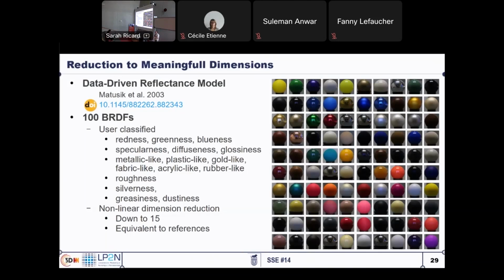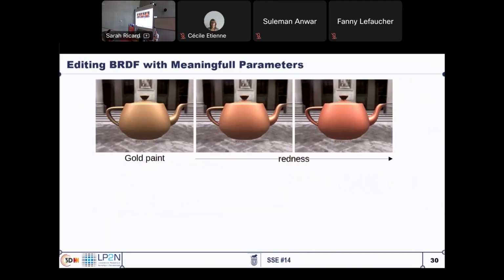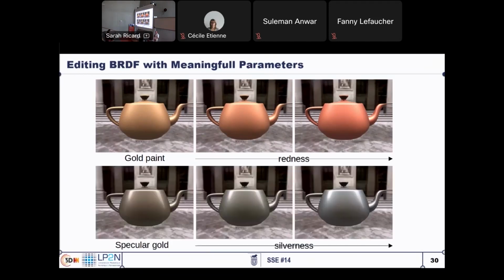Based on this user classification, we can then modify an existing acquisition by playing with different parameters. For example, if I want to increase the wetness, we move toward the BRDFs that users classified that way. For metallic materials, they could, for example, increase the silverness of the specular gold. So the idea behind it is that if we have a database with well-known, understandable classification, we can answer the edition.